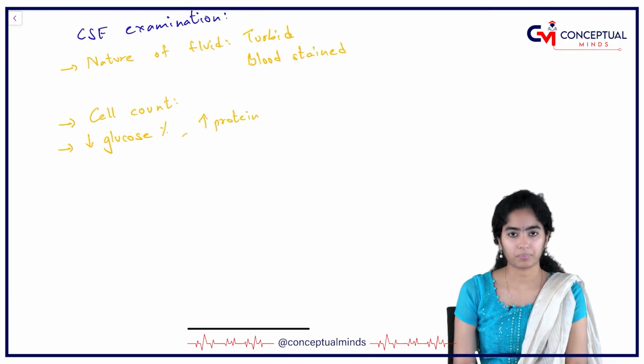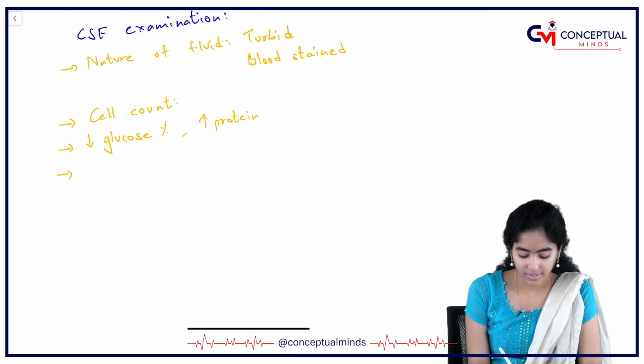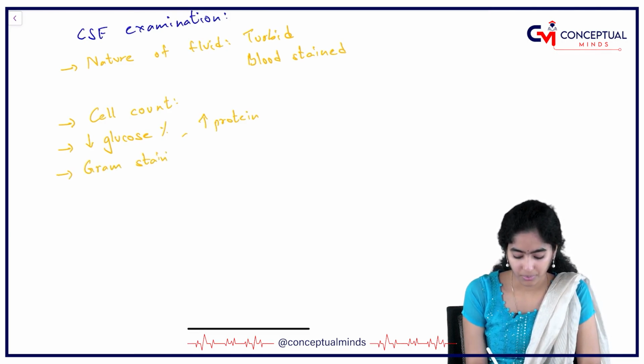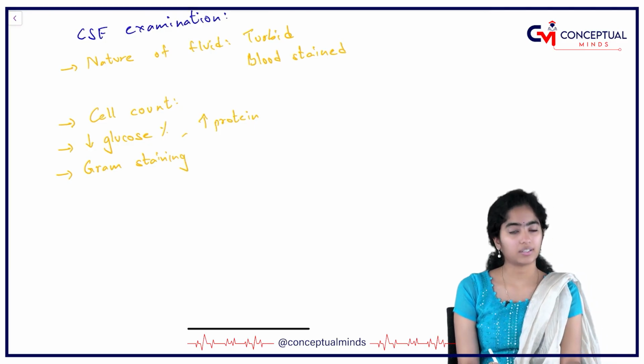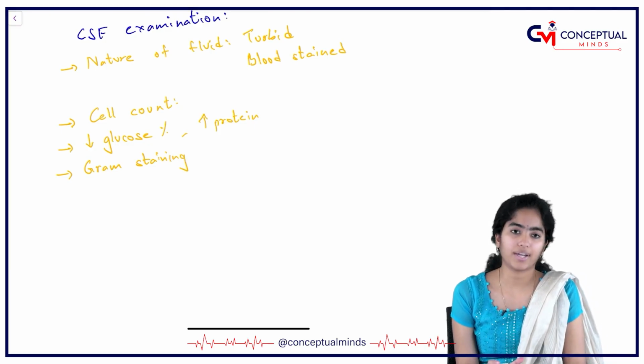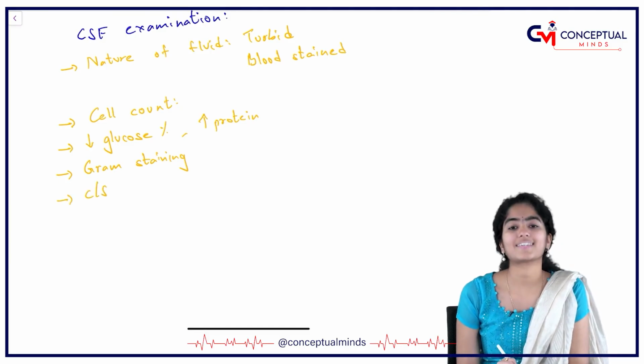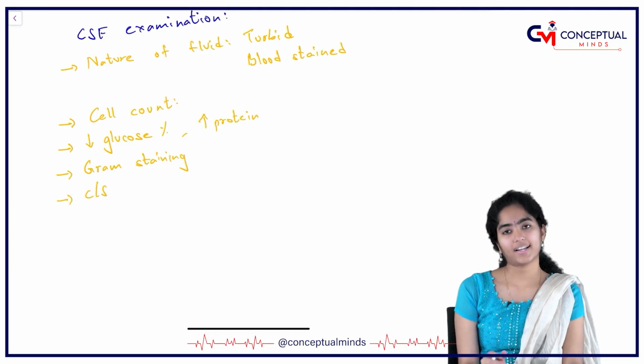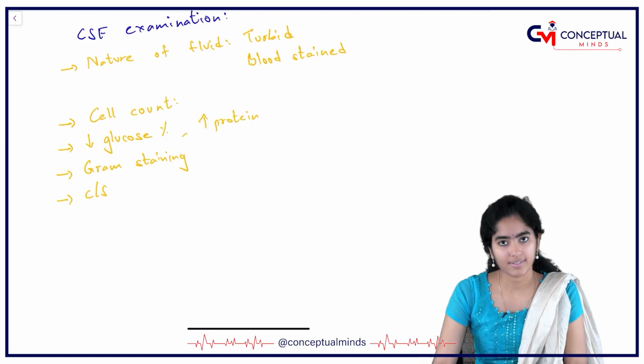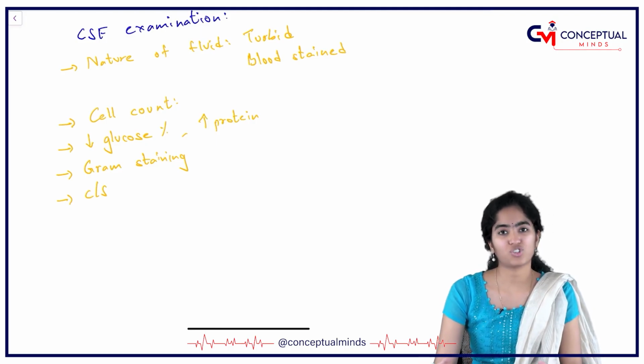Next, a gram staining of the fluid can be done that will help us identify organisms. This is followed by culture and sensitivity to exactly find out the causative organism and also see to which antibiotics it is susceptible.